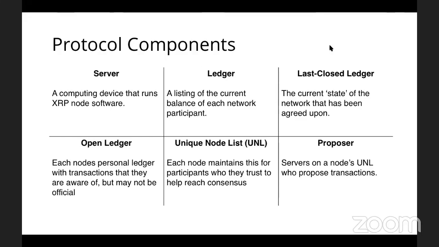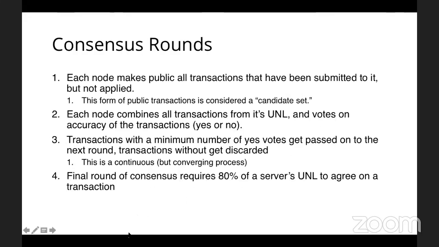Some don't have the permission to actually propose. I could spin up a node and get on the Ripple network, but nobody would take me seriously if I wanted to put transactions on, just because I'm not established. So I wouldn't be a proposer on somebody's list per se.